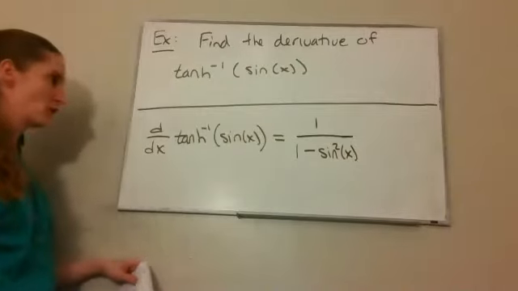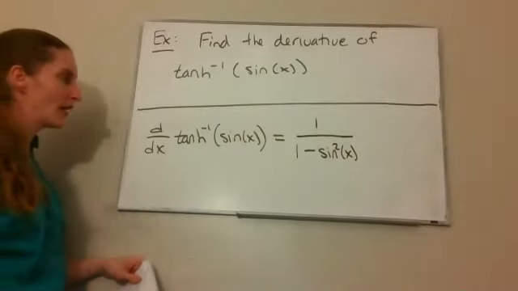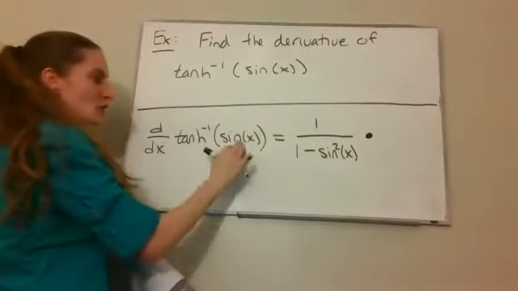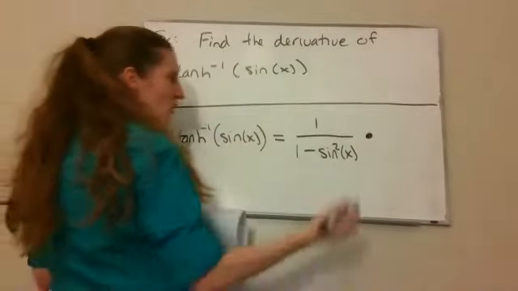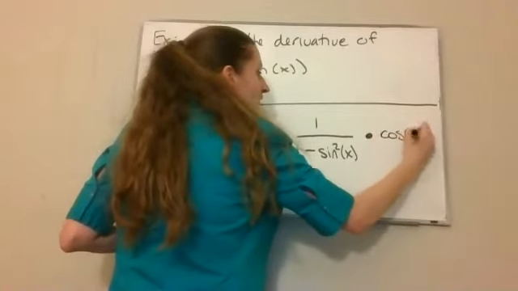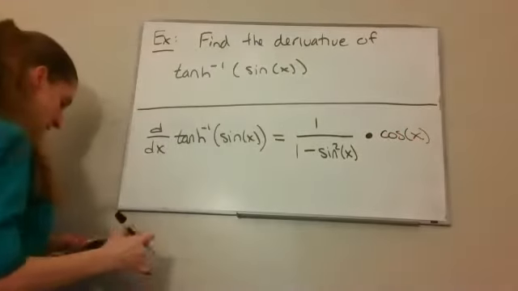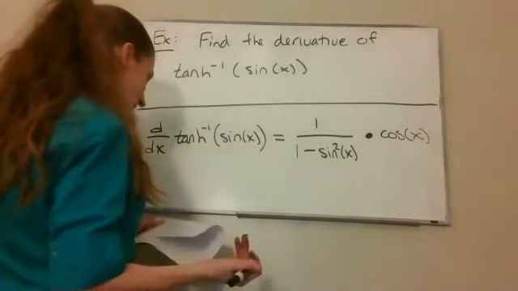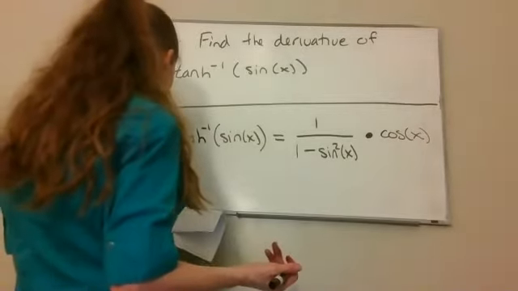So I get 1 over 1 minus sine squared of x. But now to finish up my chain rule, I have to multiply by the derivative of my inside function. Derivative of sine is cosine. Now that right there is technically the answer, but we can simplify it a little bit more.